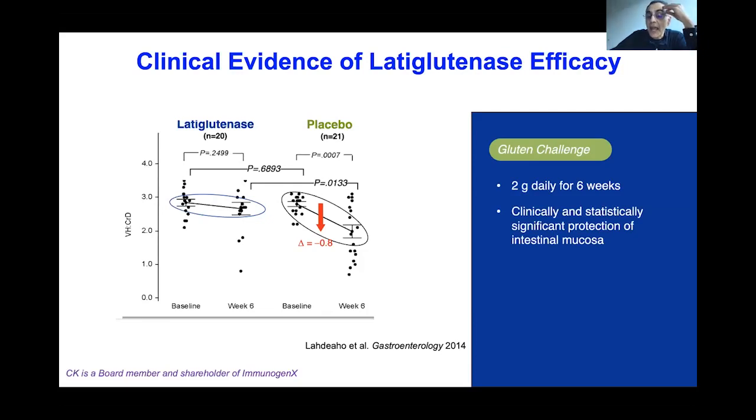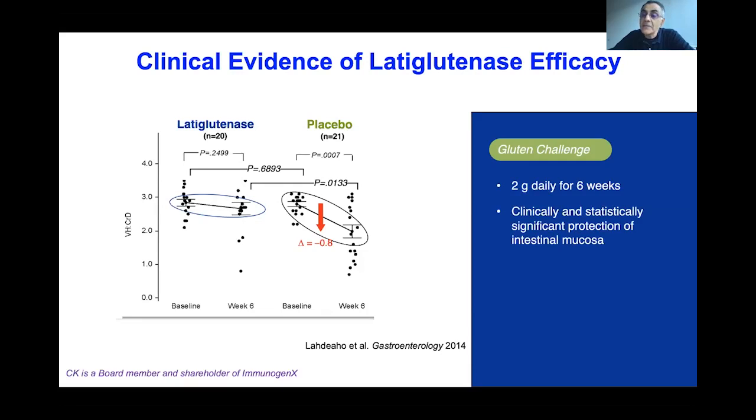They were then challenged with a relatively small amount of gluten. That's about the equivalent of a slice of bread, 2 grams of gluten per day, for about 6 weeks. And the key measurement that was made, I don't have time to go into the details, is the sort of histopathological gold standard of celiac disease.